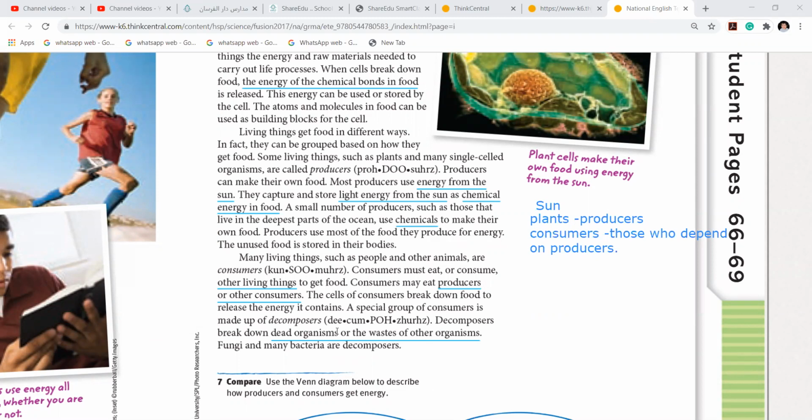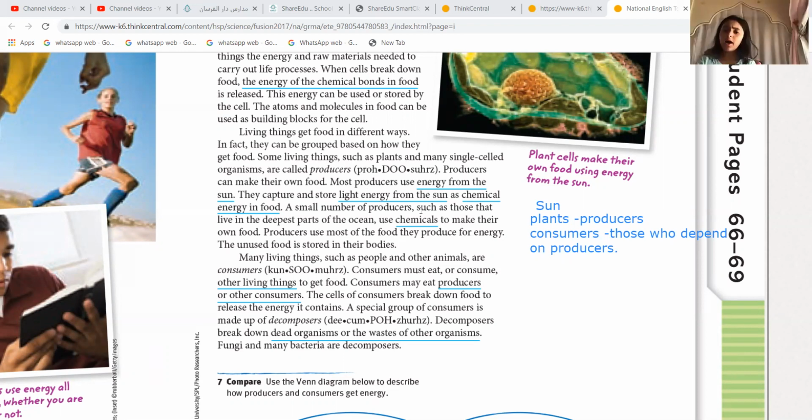But they need not only sun. They need also water and sunlight and carbon dioxide, of course. But what I'm saying is the plants that stay deep in the oceans make their food through chemicals, because they can't reach the surface to get sunlight.